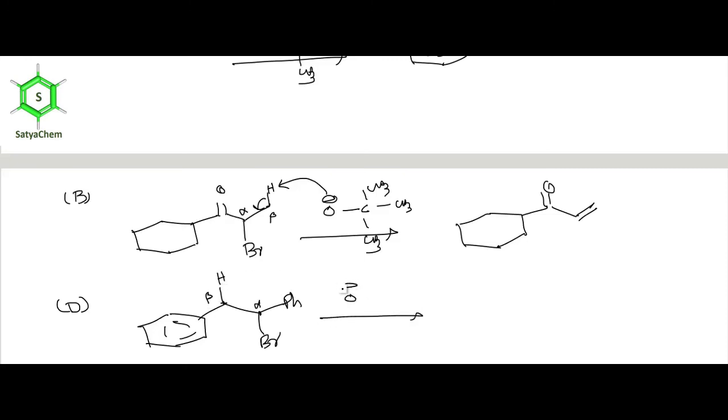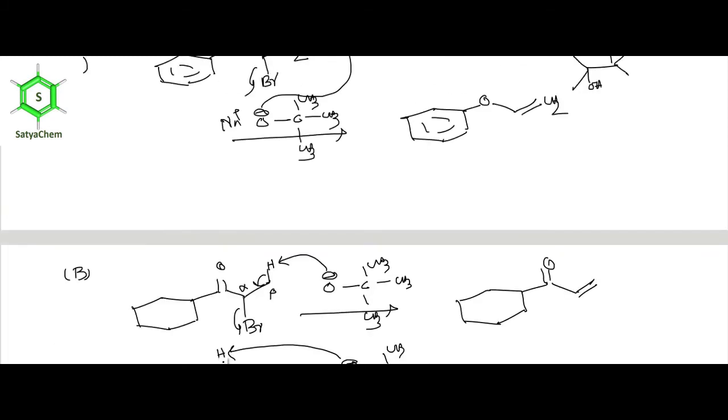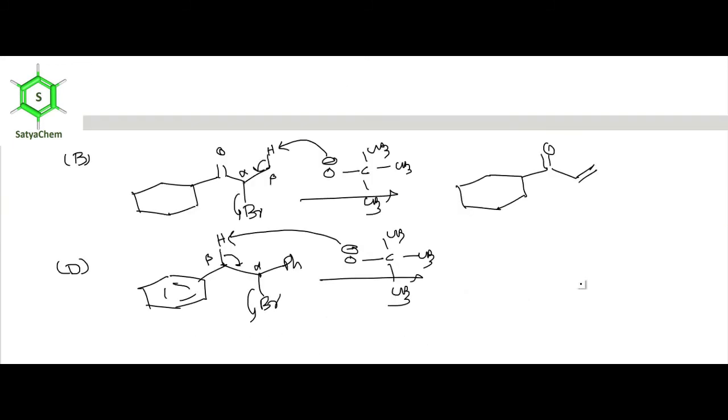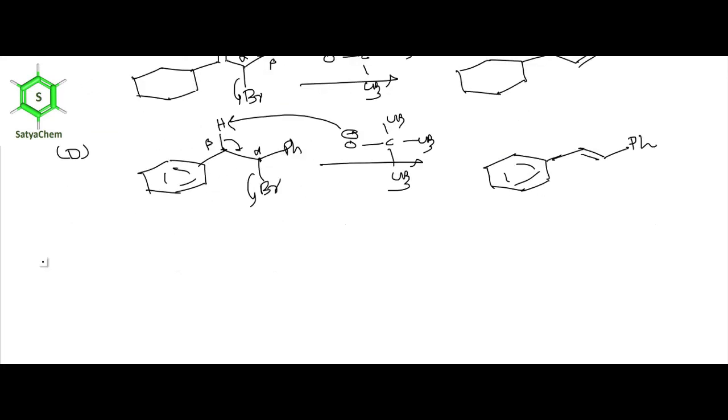Now we have tertiary butoxide. Tertiary butoxide abstracts the beta hydrogen and bromine leaves the system. It's a pure elimination reaction. So we have the corresponding alkene, and again that alkene decolorizes the color of bromine water.